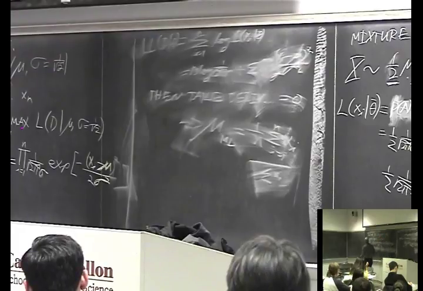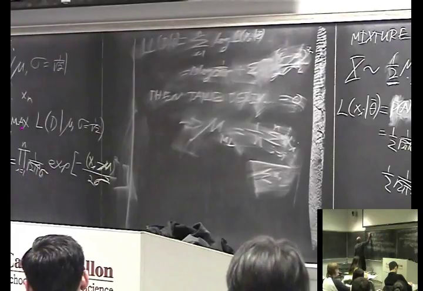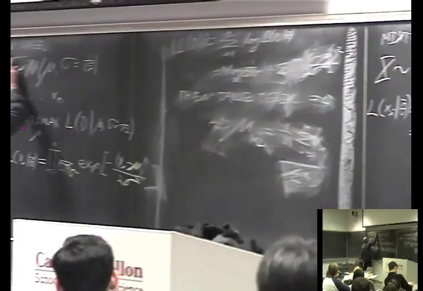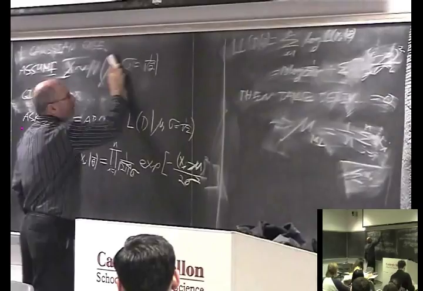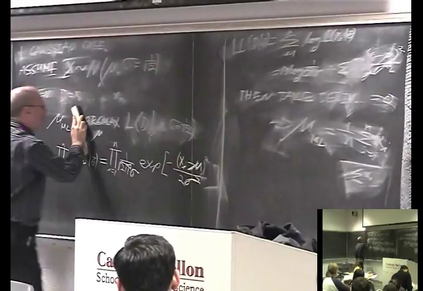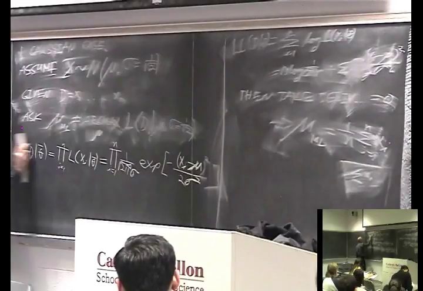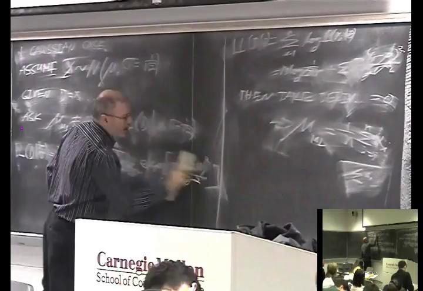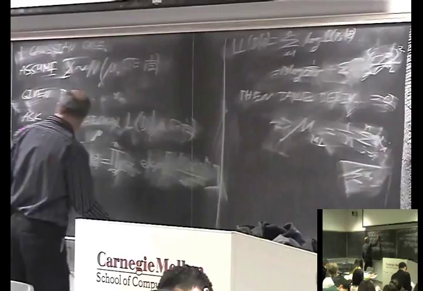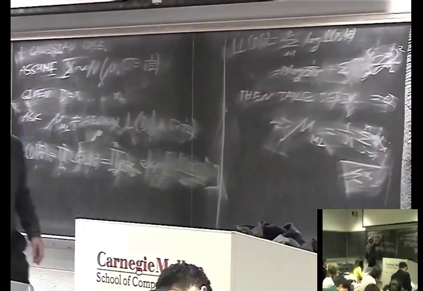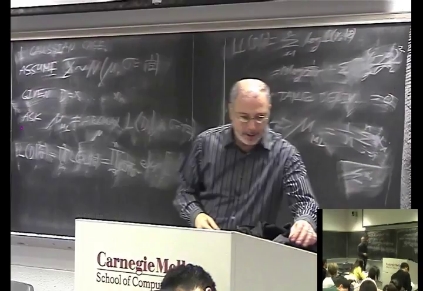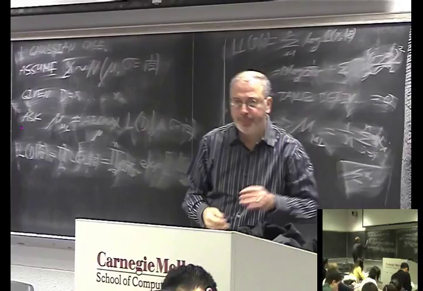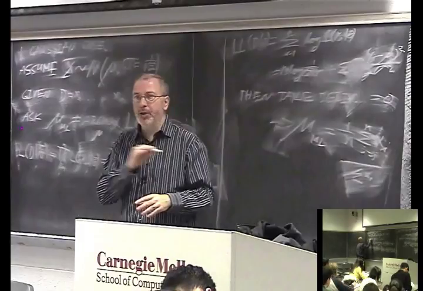So, observed data is Y. Missing or hidden data or latent is Z. And I'll give you a term that you might run into, you should know what it means.